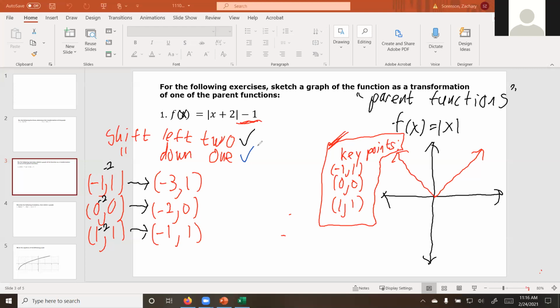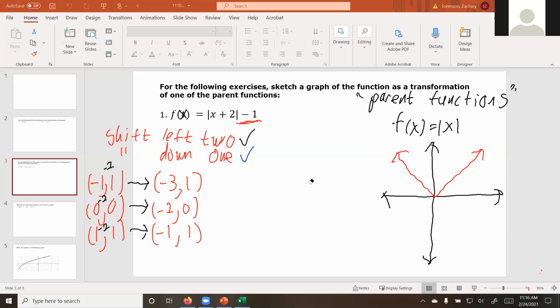Now, how do I shift my points down 1? Subtract 1 from each value. Yep. From the x or the y? From the y. Yeah, we're moving down, so that means I'm going to affect my y value. So subtract 1 from each of these.